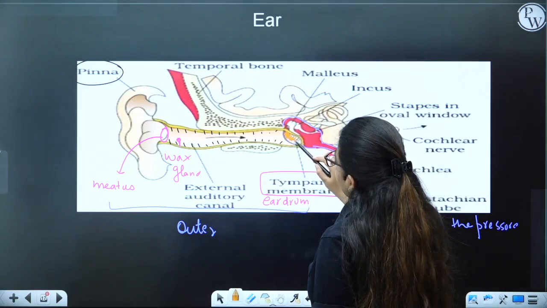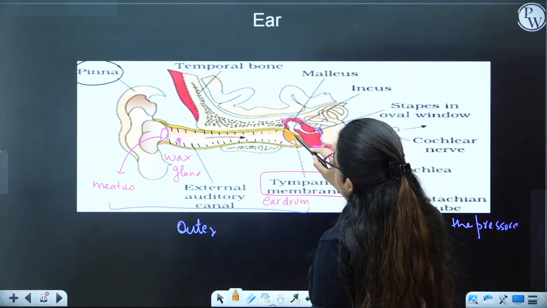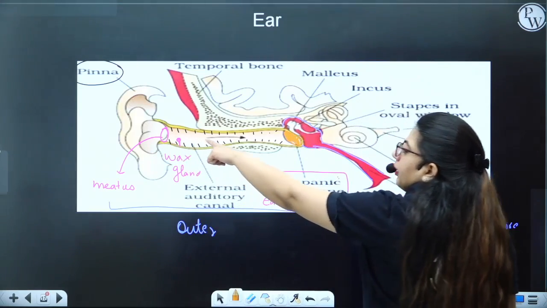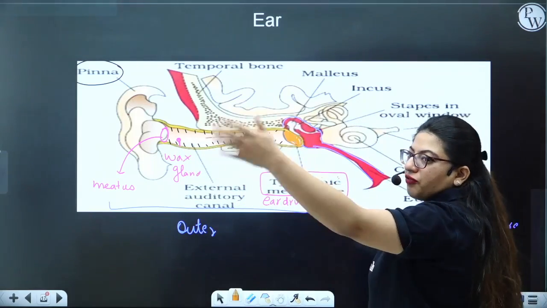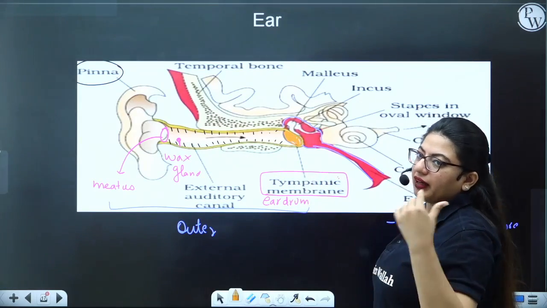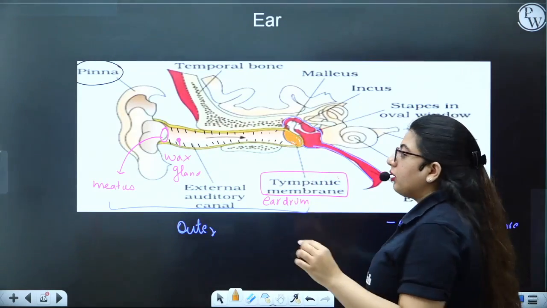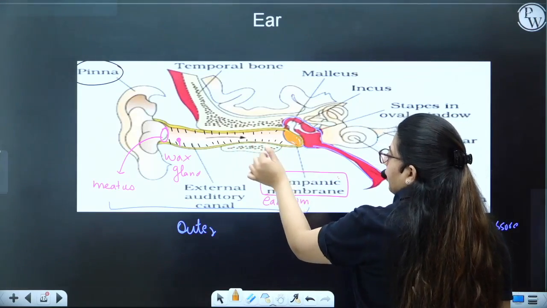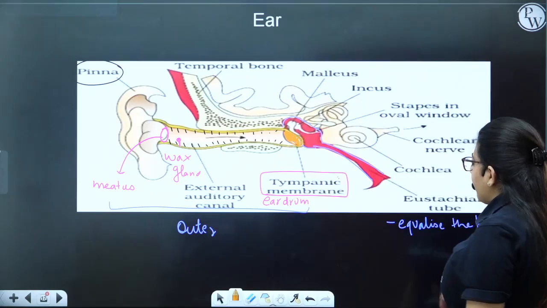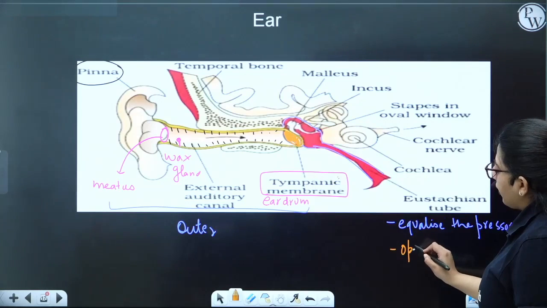This tympanic membrane is like a closed door which never opens. Outer air is coming and it has a different pressure, but the pressure of the air in the tympanic cavity will be different. We want the pressure of the air which is coming in here and here to be equal. So what we did, we put a tube here, and this tube opens into the pharynx.